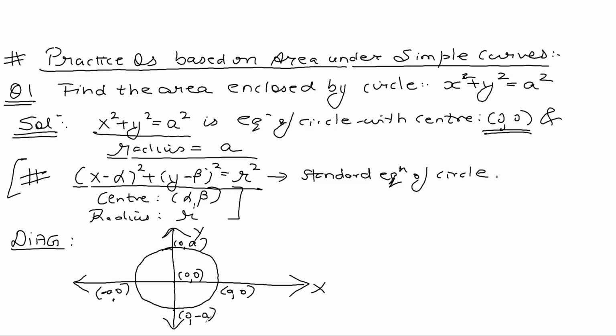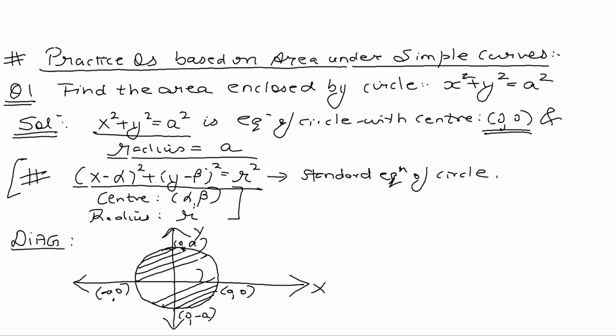So now basically we need to find the whole area of the circle. That means we need to basically find this whole area. Now we can do one thing. We can find this red shaded area and we can multiply it by 4, right? What I'm planning to do, or what even NCERT does, is that your NCERT finds this area.